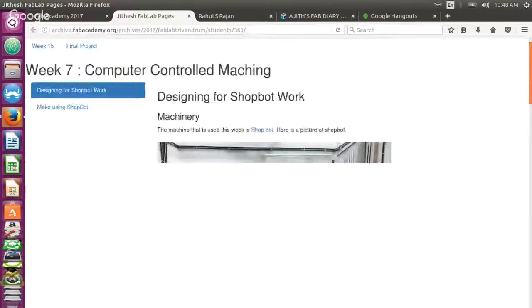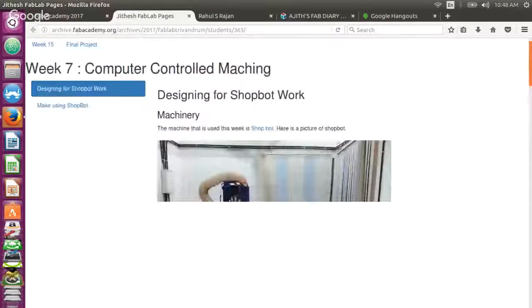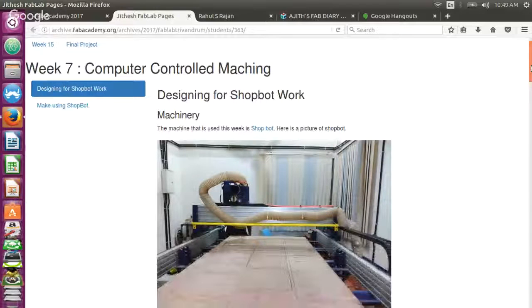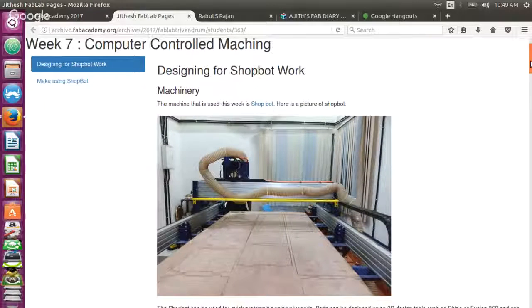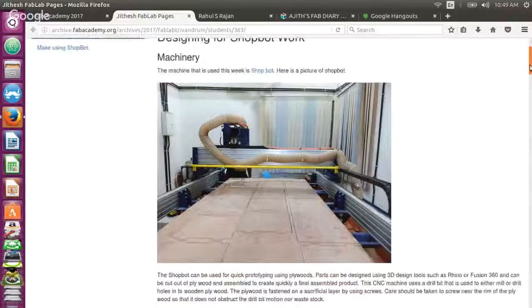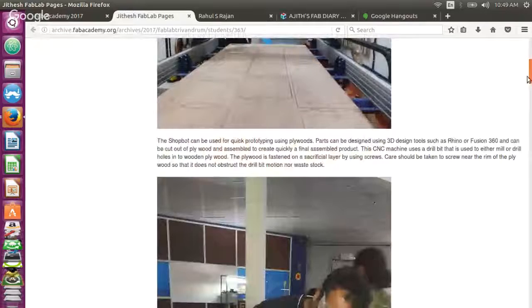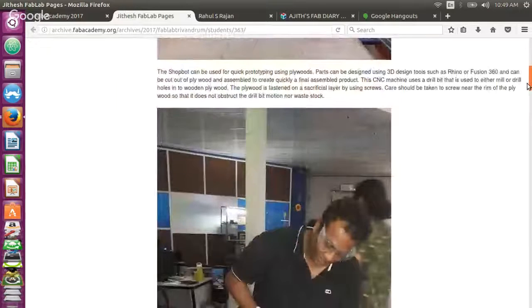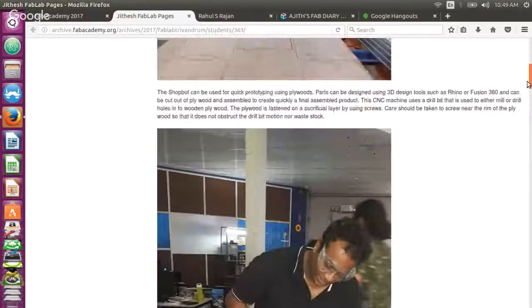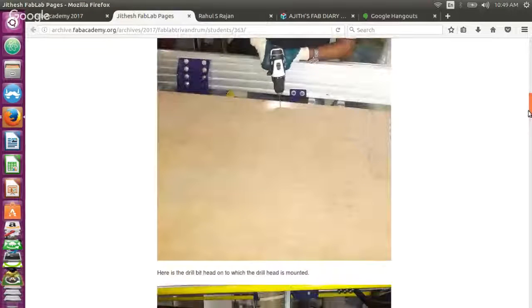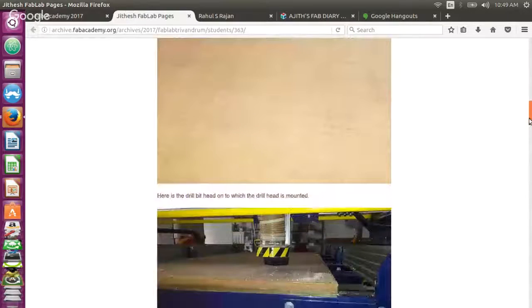Okay, now I can see. Yeah, it's coming. Actually I have another design, so slowly I will transition to the new one. This week I have reached about halfway. I have written a little bit about ShopBot, and we did securing the stock to the sacrificial layer.